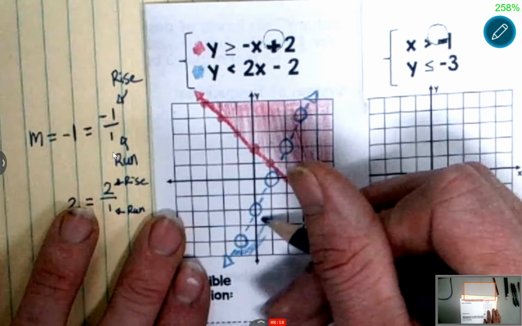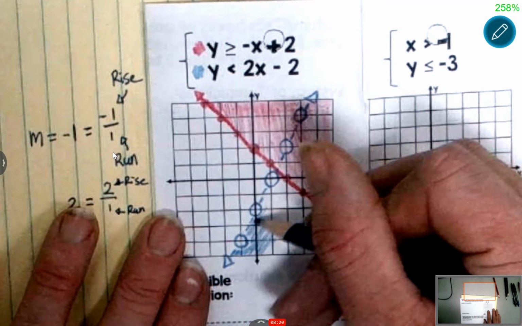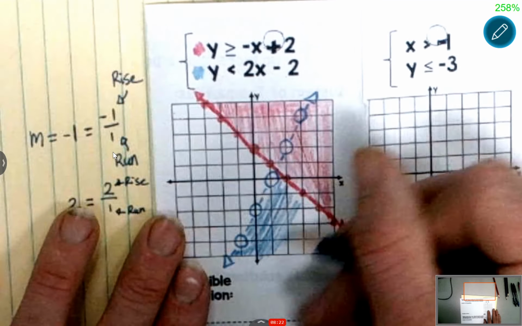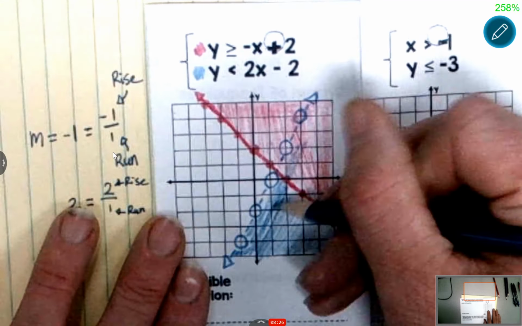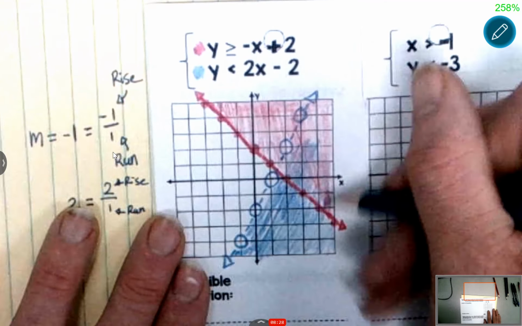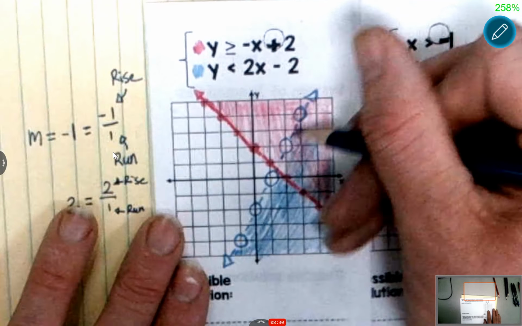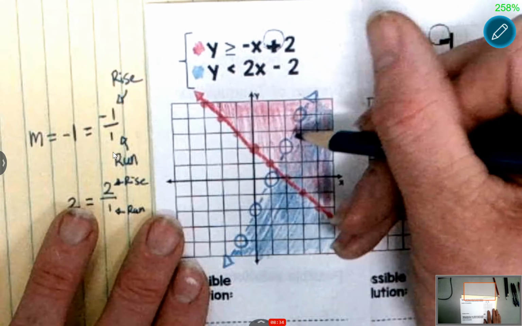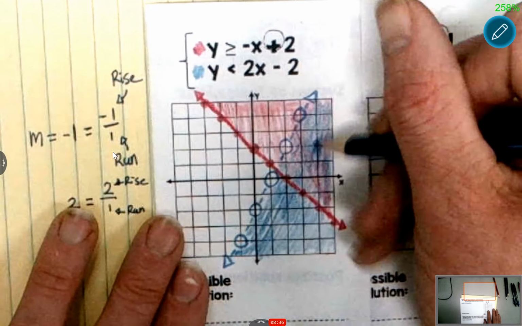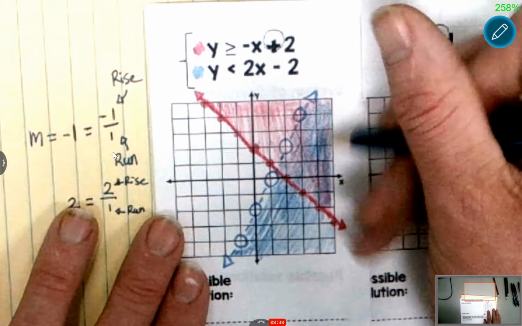So again, shade lightly below the line. And then especially if you're using pencil, shade darkly in the region that you already shaded. So you'll notice there's a region that had already been shaded the first time. Shade over that a little bit more darkly.